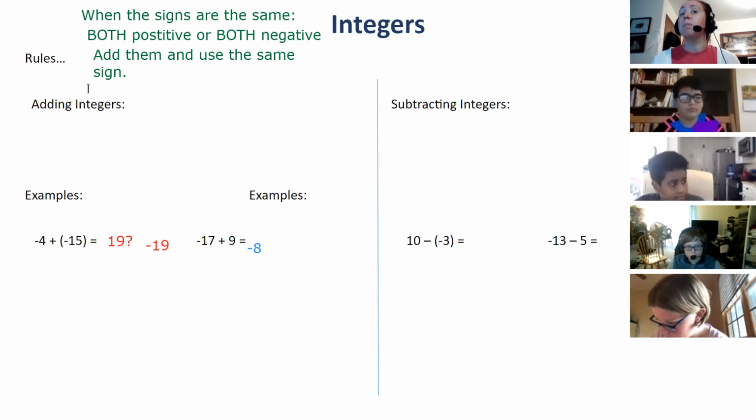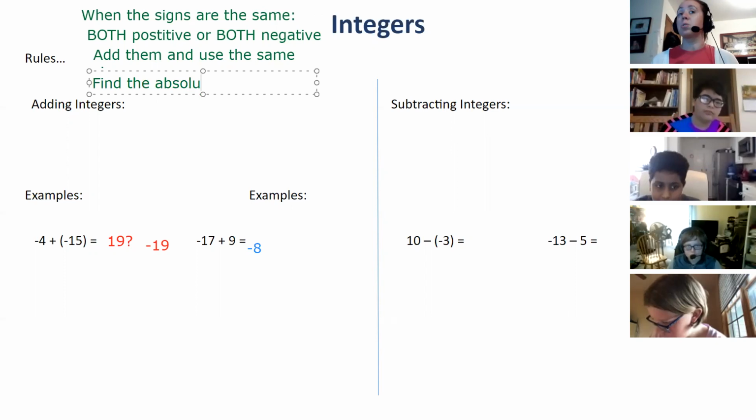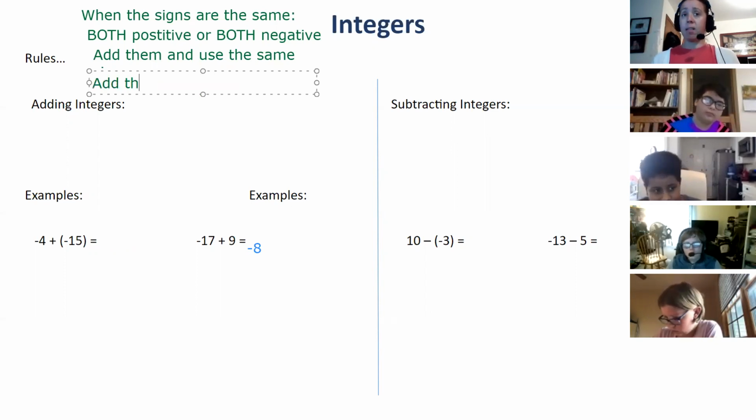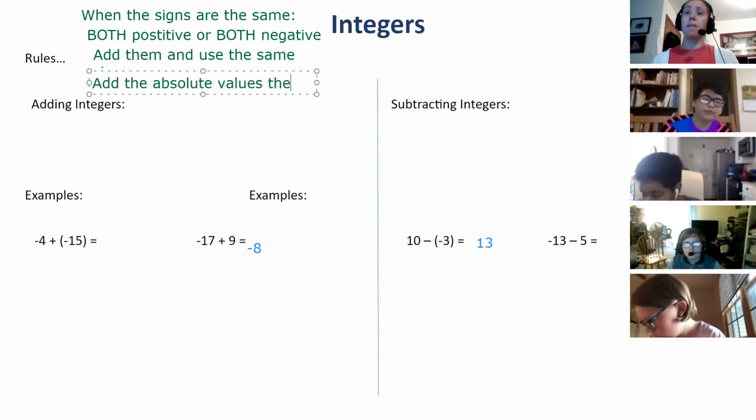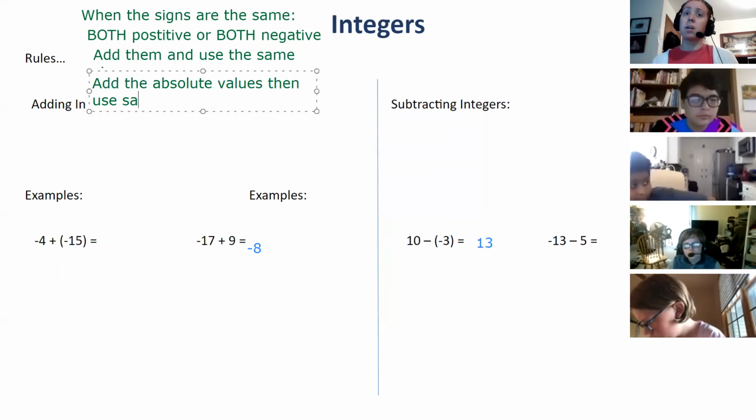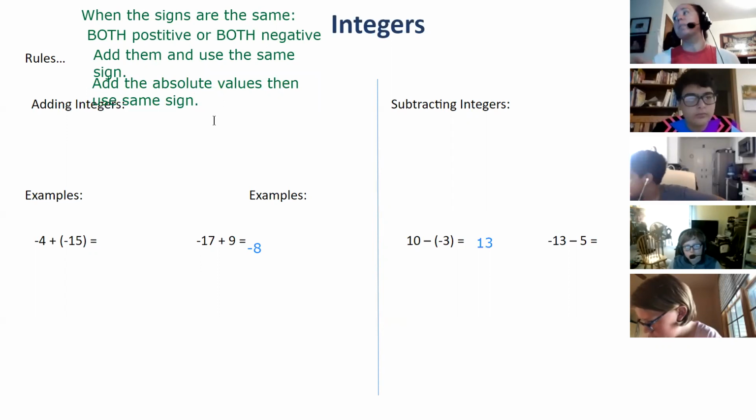And sometimes people will tell you to add the absolute values, then use the same sign. Sometimes people will say that, but if that confuses you, don't think of it that way.